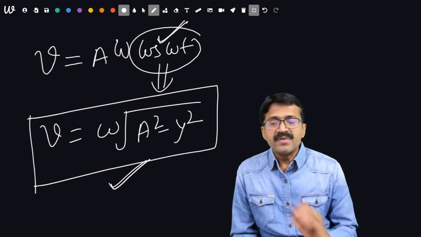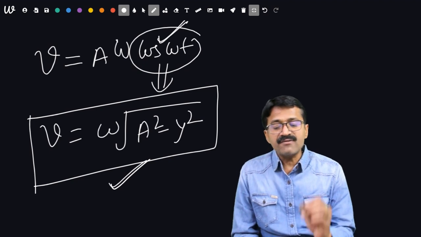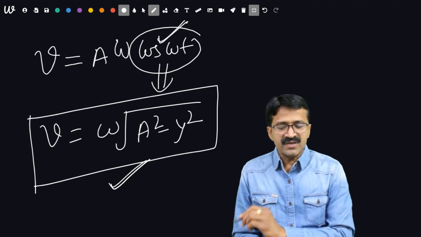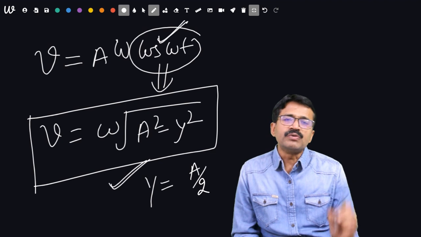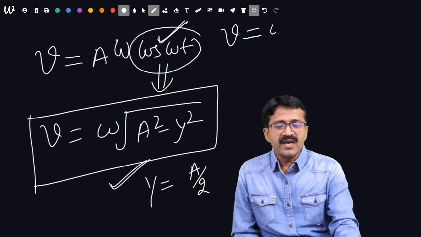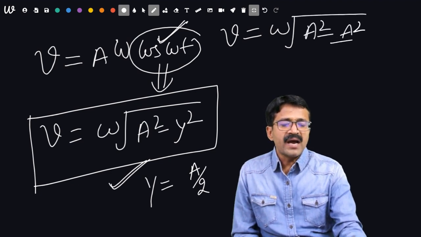Now a numerical can be asked on it. What about the velocity when the position of the particle is at half of the displacement? Let us discuss. y is equal to a by 2, half of the maximum amplitude. Then velocity v will be omega under root a square minus a square by 4.